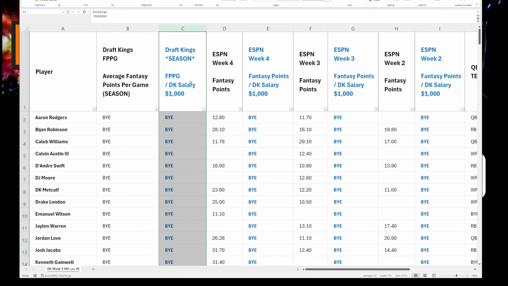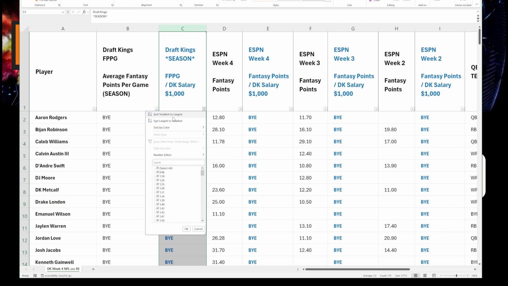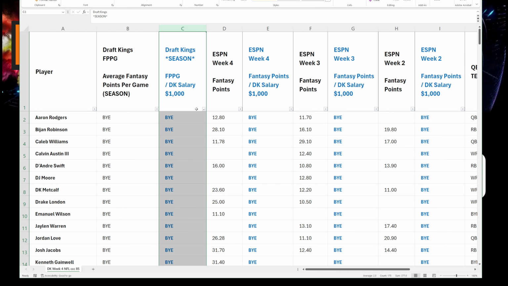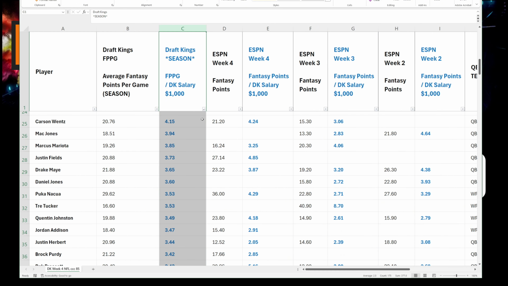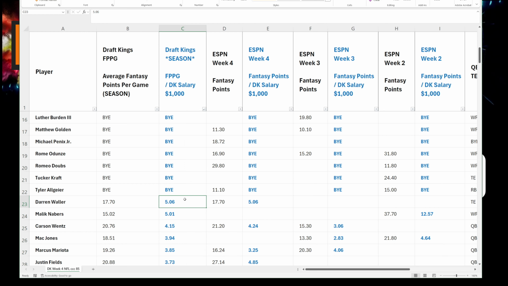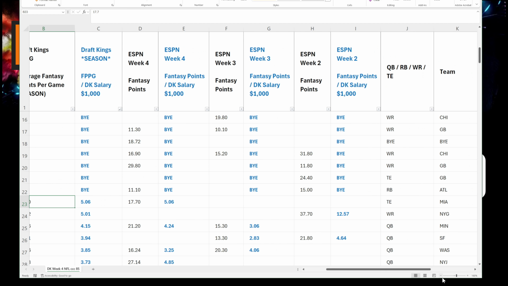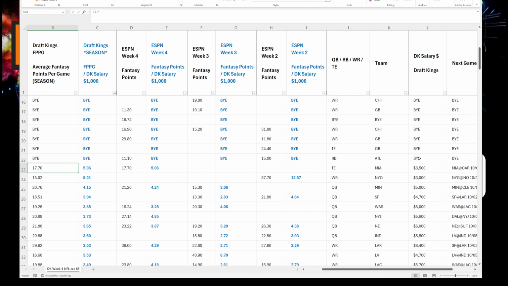So the second column here is fantasy points per game divided by $1,000 of the DraftKings salary. So all I did was take the number in column B and then divide it by the salary.